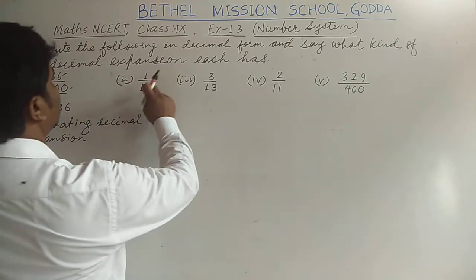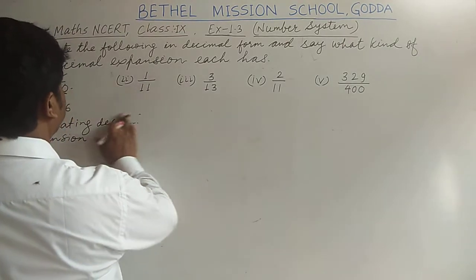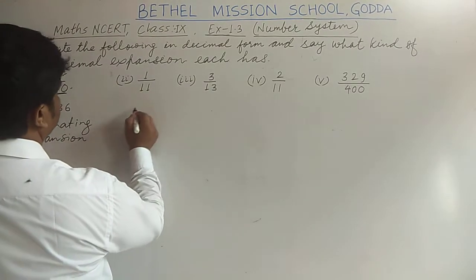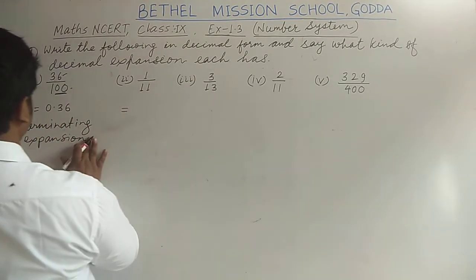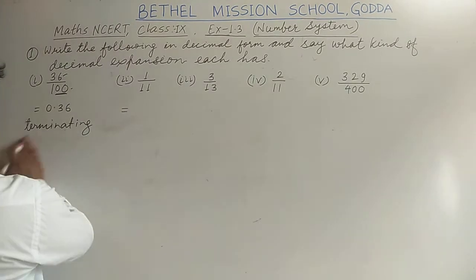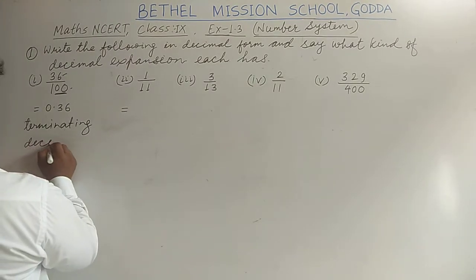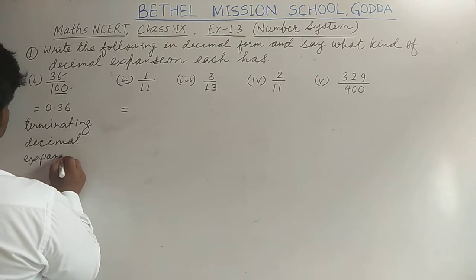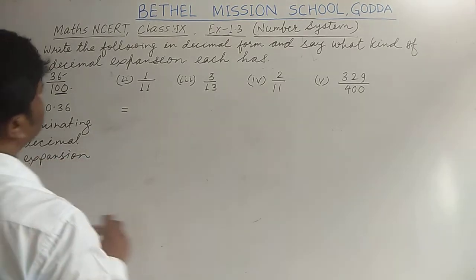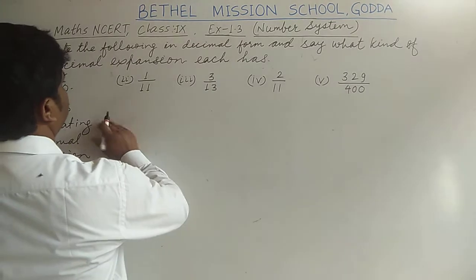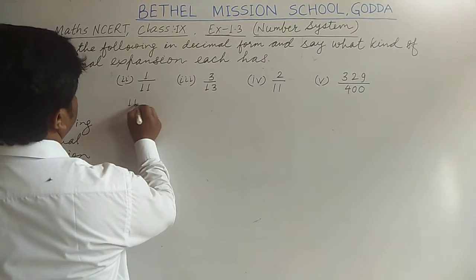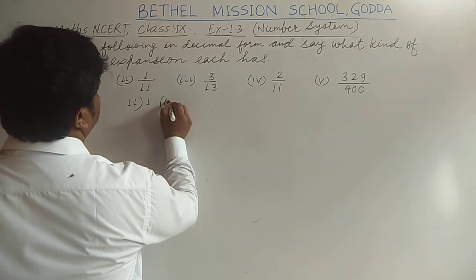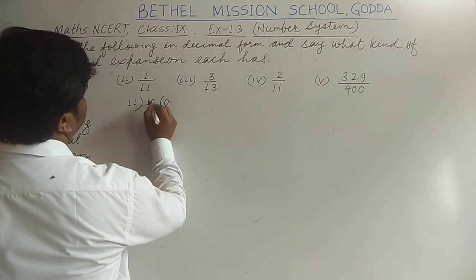Now number 2, 1 upon 11. So what will be the decimal expansion? After dividing you will get 10.